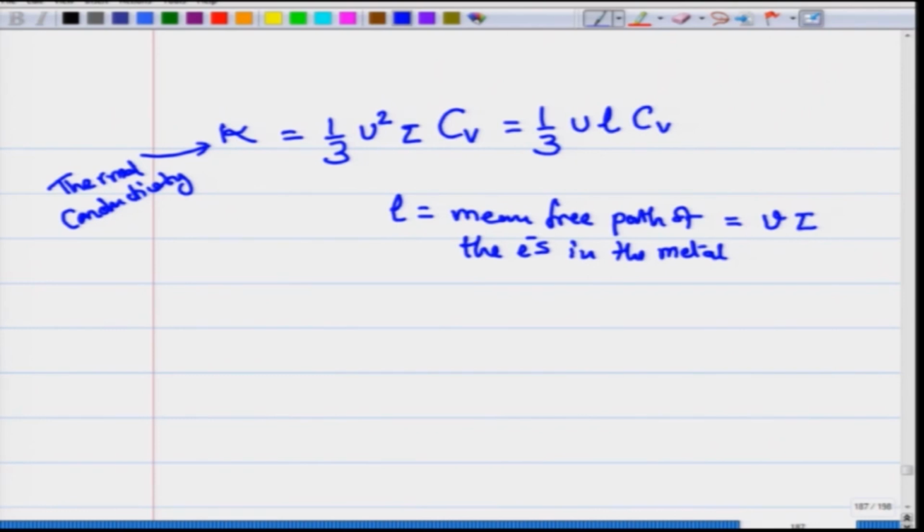Now, if you recall from lecture 10 that the velocity of the electrons which we had used, this v square was in Drude's model related to Maxwell-Boltzmann's distribution.